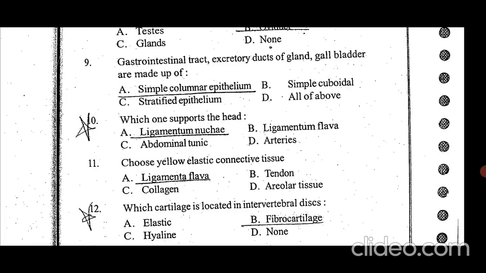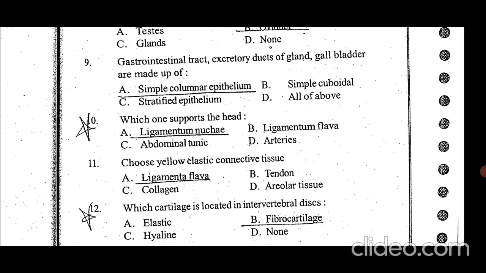Gastrointestinal tract, excretory ducts of gland, and gallbladder are made of simple columnar epithelium. That means the digestive system, excretory system, and the gallbladder are made up of simple columnar epithelium, and the circulatory system is made up of simple squamous epithelium.